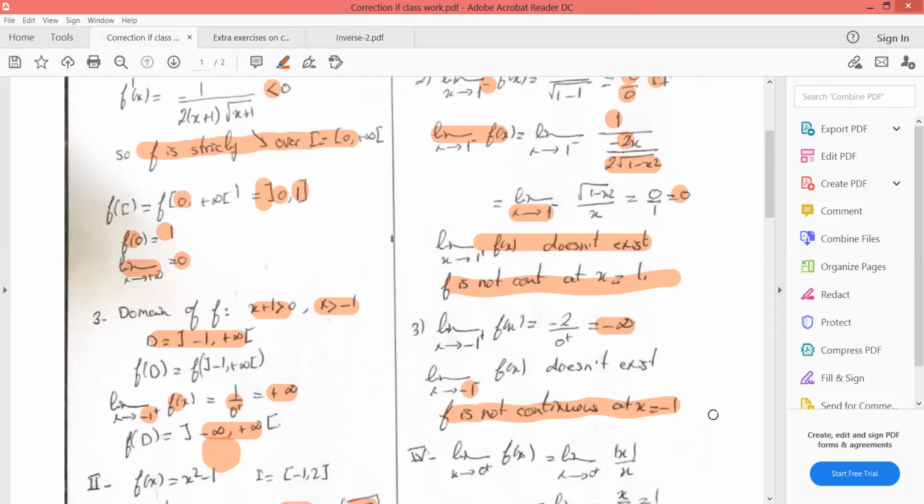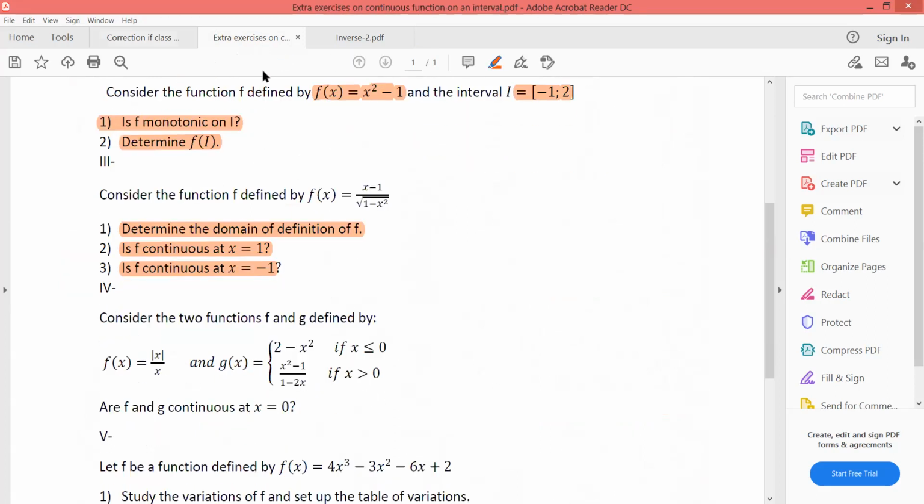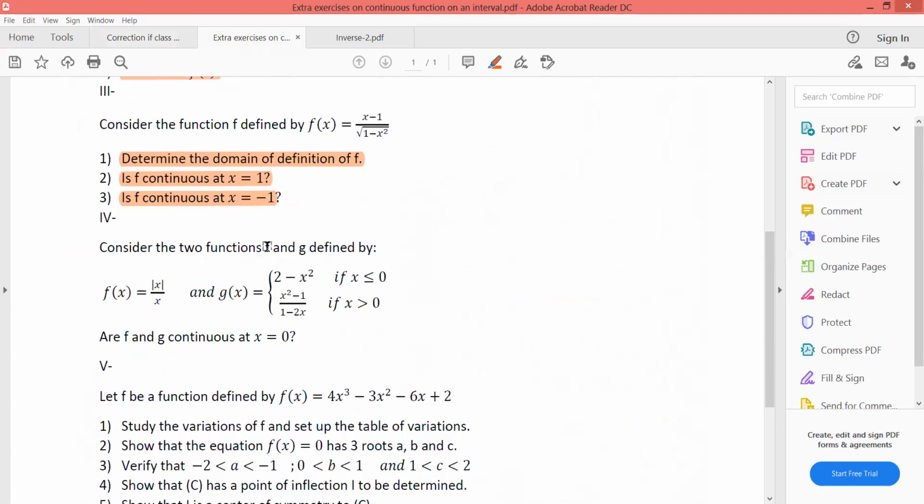Okay, is the definition of continuity clear? Yes. Then we have another exercise about continuity, drawing a graph. Consider the functions f and g. This is f(x).